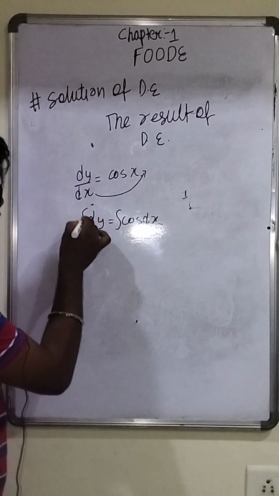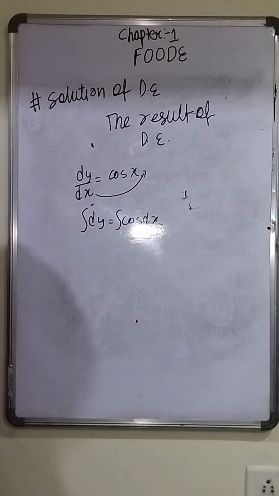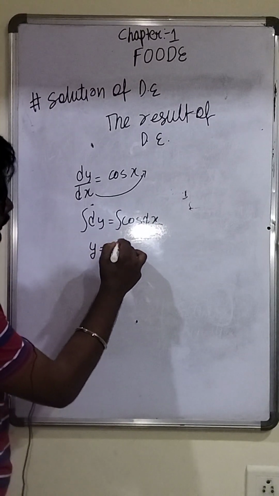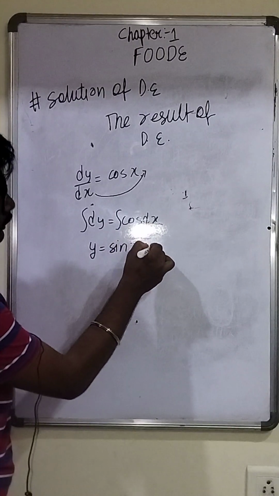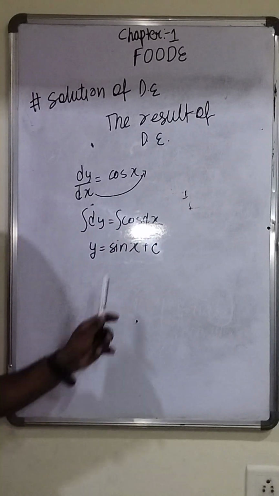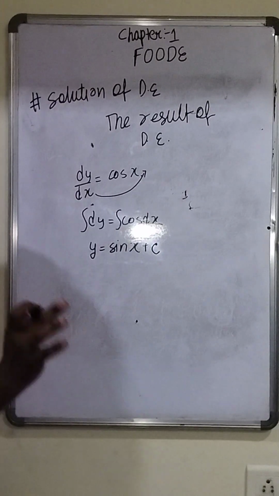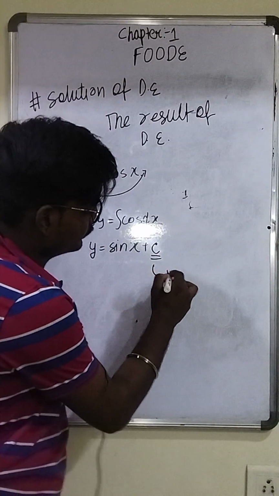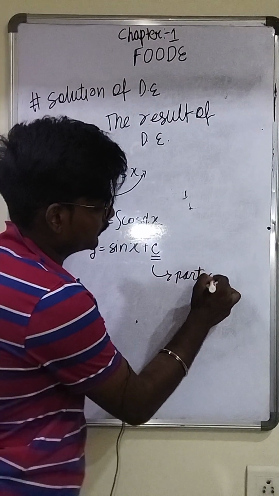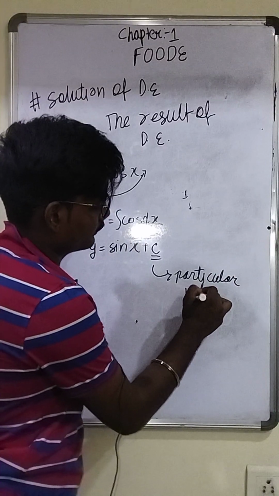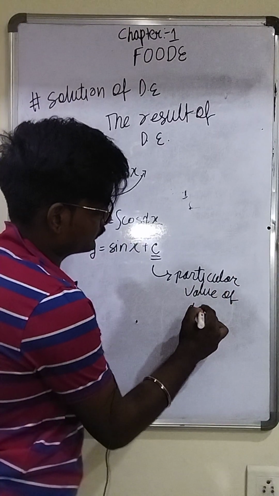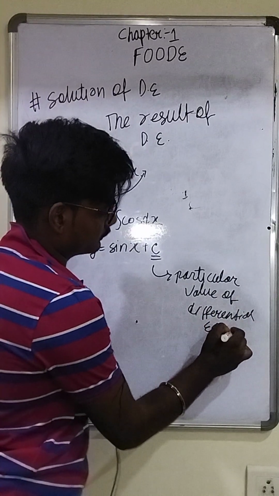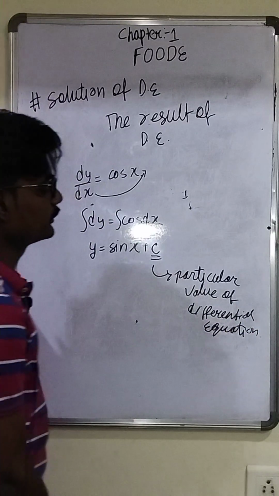Now we will integrate both sides. Integrating both sides, what will come? y equal to sin x plus c, along with a constant, and this constant is known as the particular value of the differential equation.